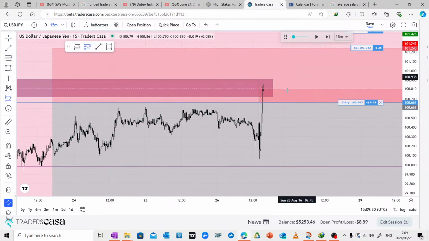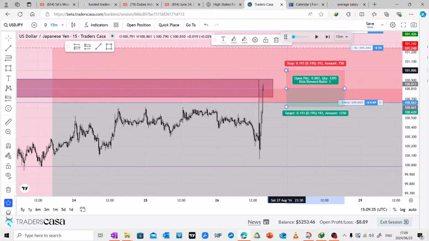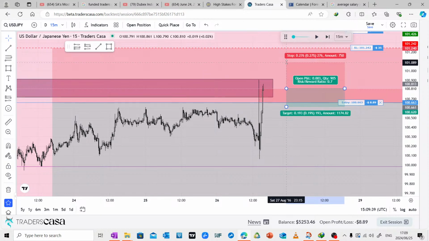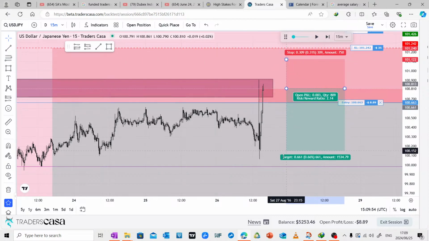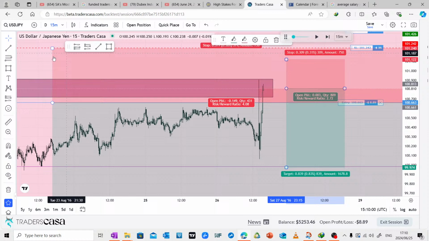I'll go short right there, and my stop, I'll put 30 pip stop, and then I'll target the low of this and swooping the low of this. So this retracement, I'm gonna take it twice.